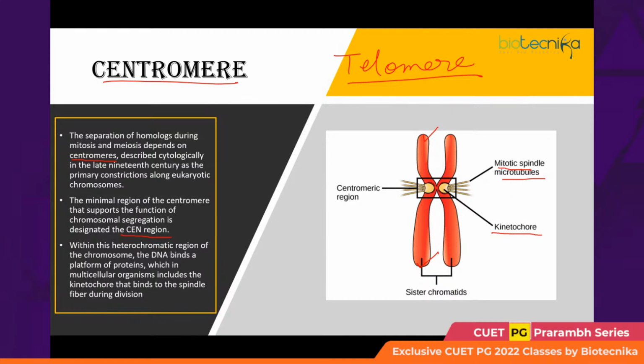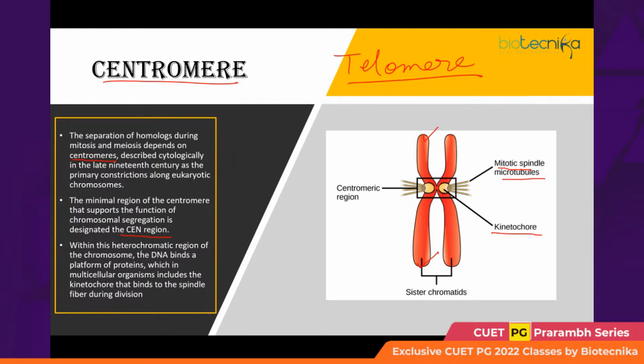So if there is no centromere, then no kinetochore will attach, so there won't be any attachment site for the spindle fibers. And that's when the chromosome will fail to segregate at the time of cell division. So an acentric chromatin fragment, if it is formed in the cell, will be lost. It will fail to segregate properly to the daughter cells.